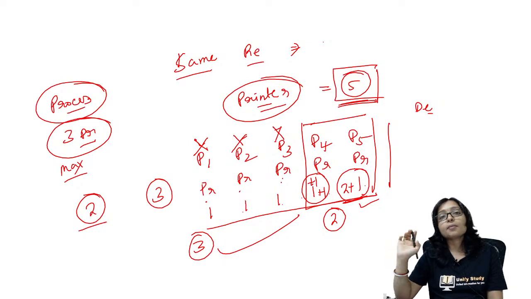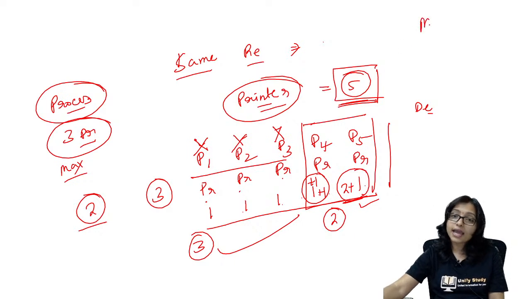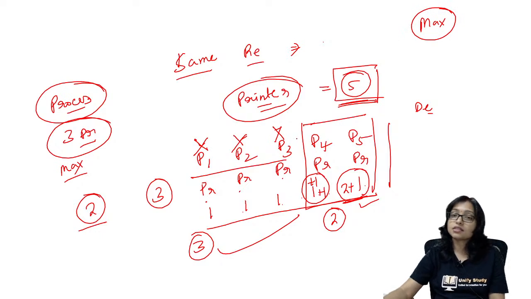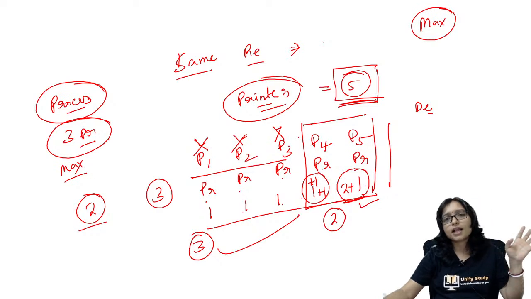Here I arbitrarily delete some process. Now here the question is that what can be the maximum number of process I can execute in this situation? That is our target. Unnecessarily I will not delete multiple process.